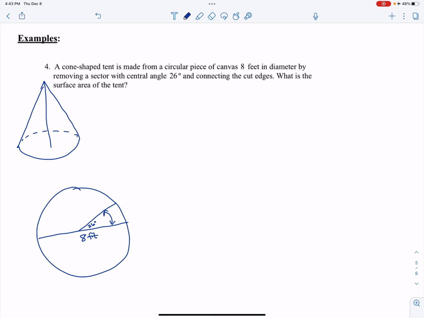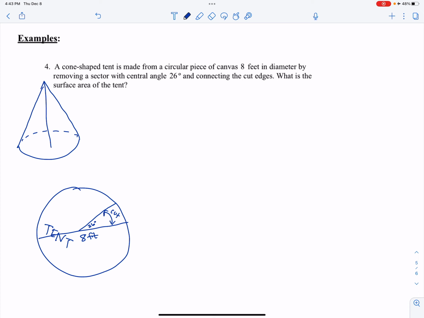So we want to find out what's the area of the fabric that makes the tent. So this part was cut. This is our tent here. The tent fabric.